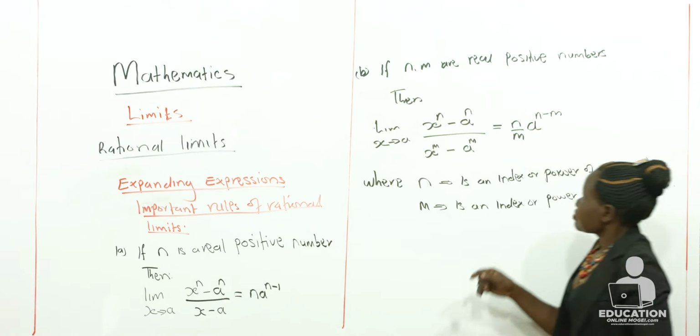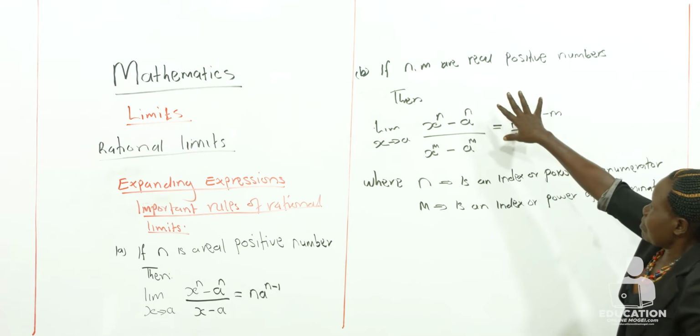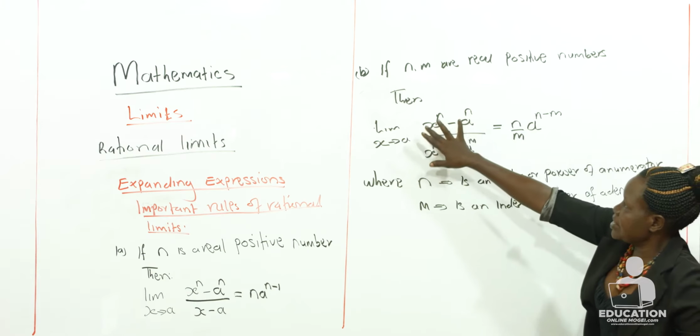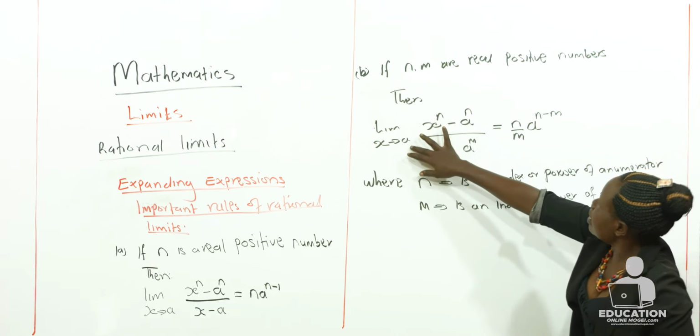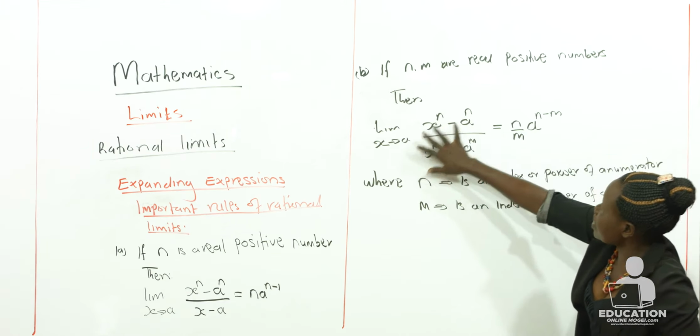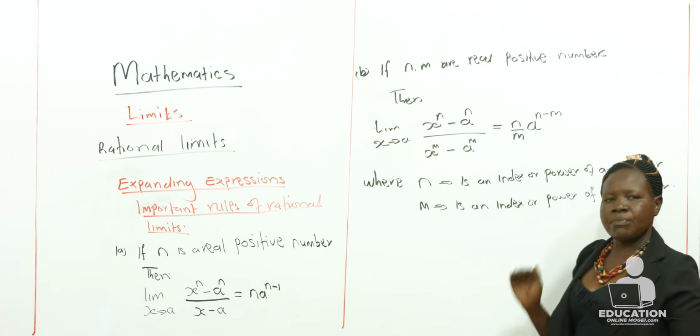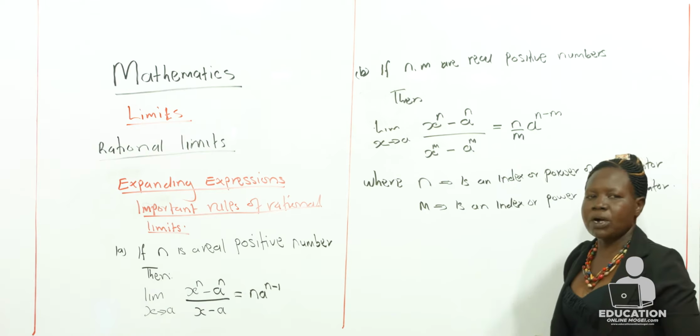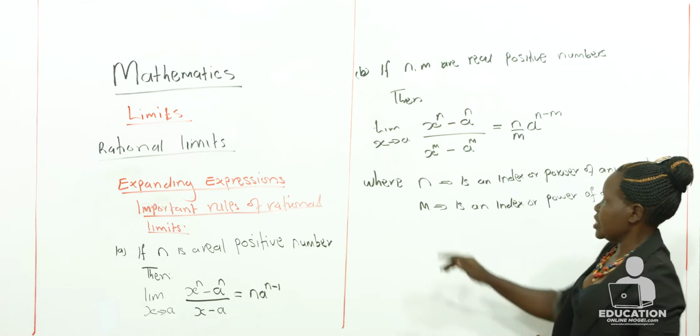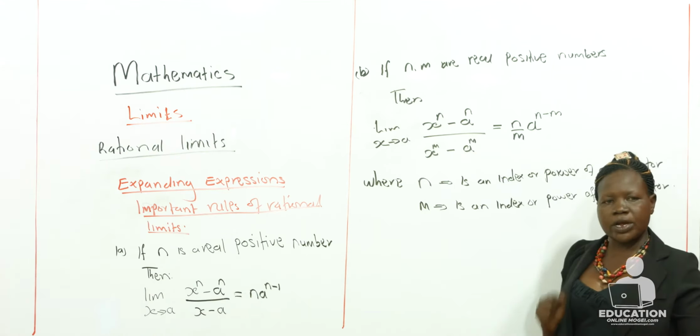And then if you come across a function where both the numerator and the denominator contain powers, what are you going to do? And yet x is approaching a real number.